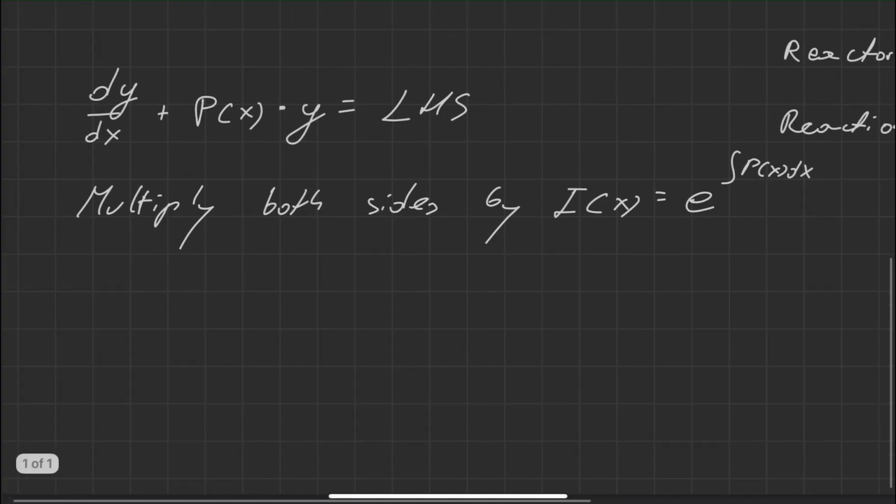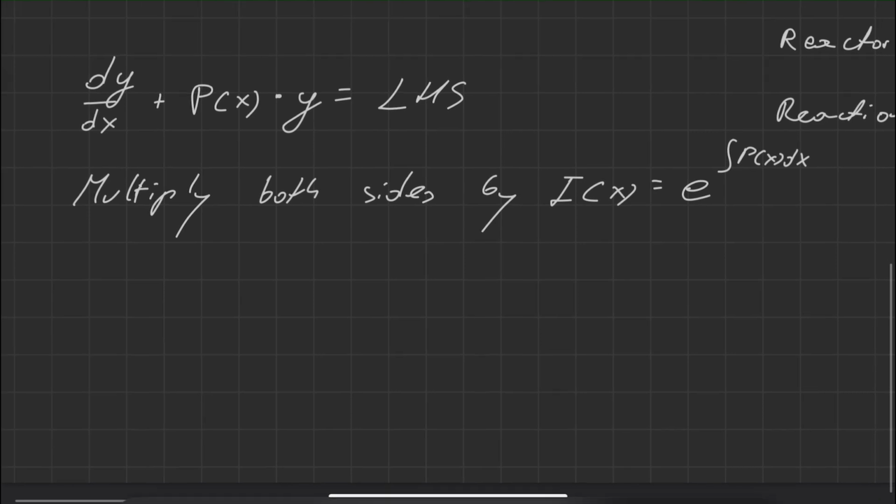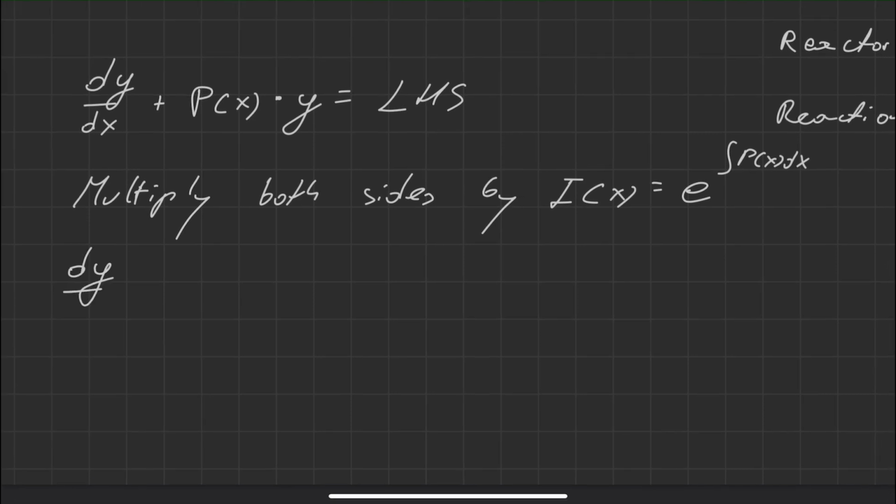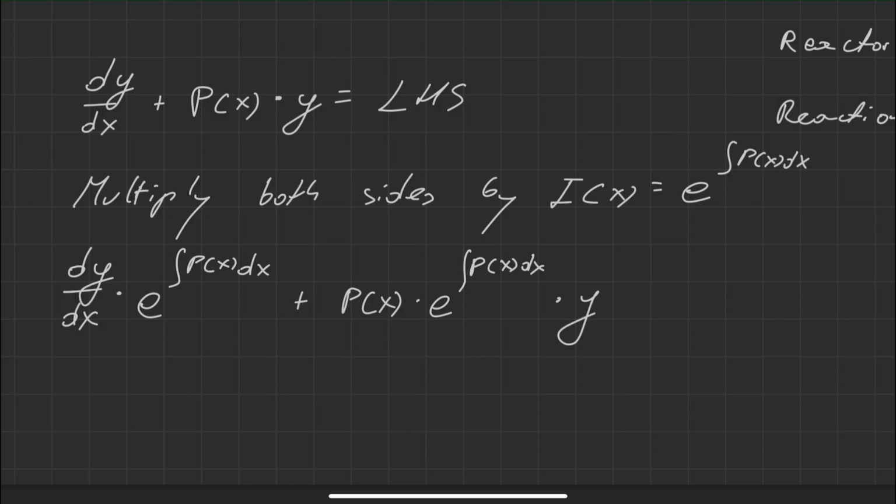And what we will actually do by that is, we still have our function dy dx times our integrating factor, plus, now this is where it gets a bit interesting, p of x times e to the power of the integral of p of x dx times y, is equal to some LHS prime.